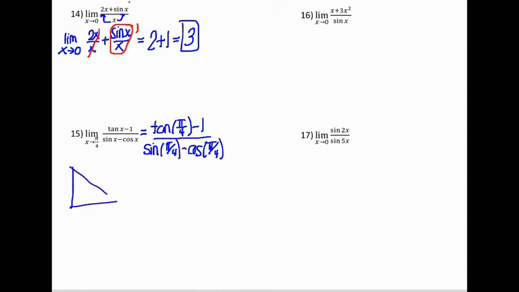So if you remember your isosceles right triangle, the 45, 45, 90 right triangle, 1, 1, rad 2, you can use this to help you remember your values. Tangent of pi over 4 is 1. Sine and cosine are both rad 2 over 2, or 1 over rad 2. So, oh boy, this winds up being indeterminate form.